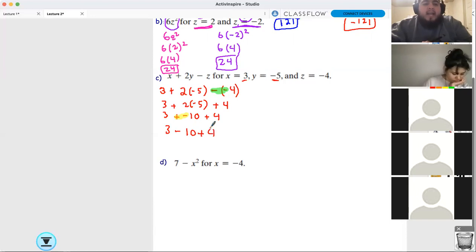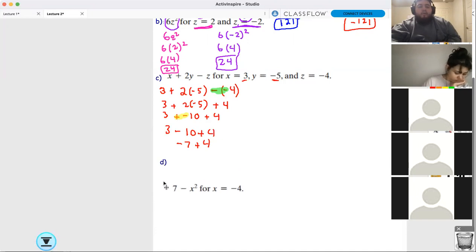And now we add and subtract from left to right. You have 3 in your account, but we spend 10. So we owe -7 plus 4. Negatives, you owe the bank $7. So we put 4 more. So now we only owe them $3. And we're done.